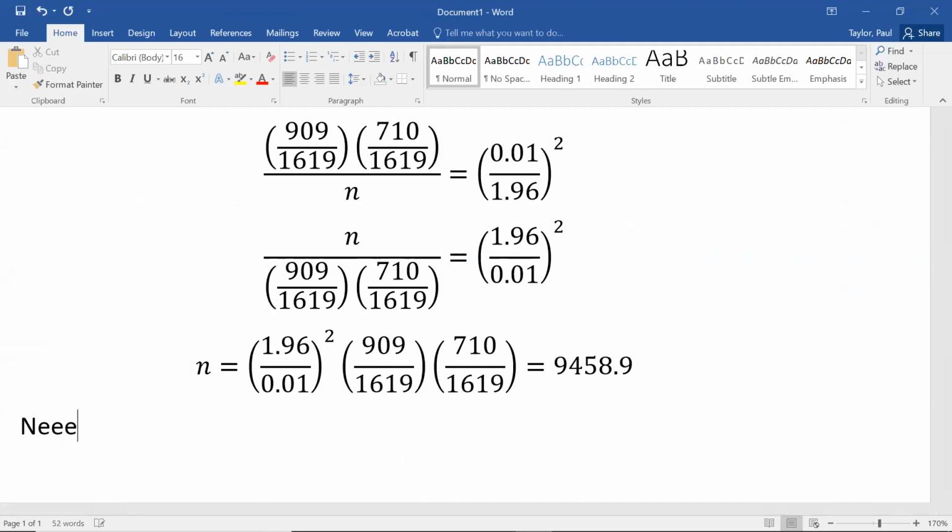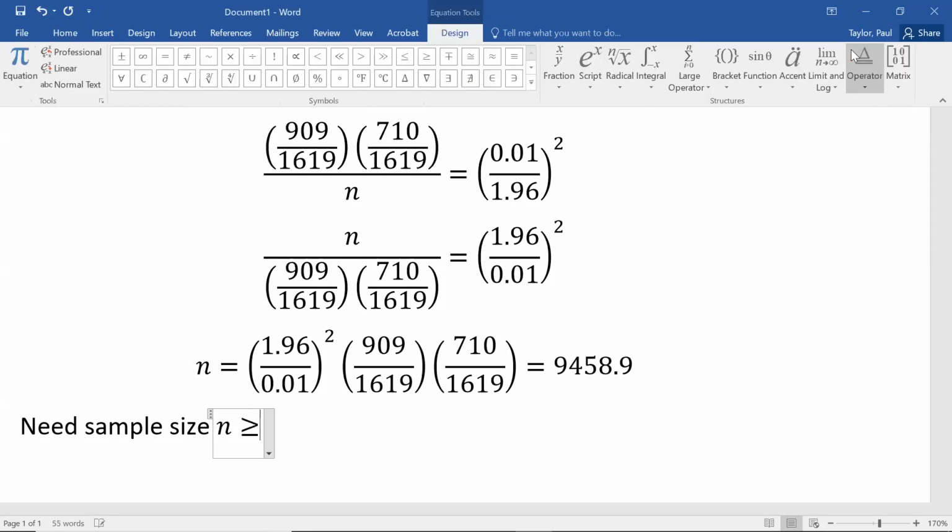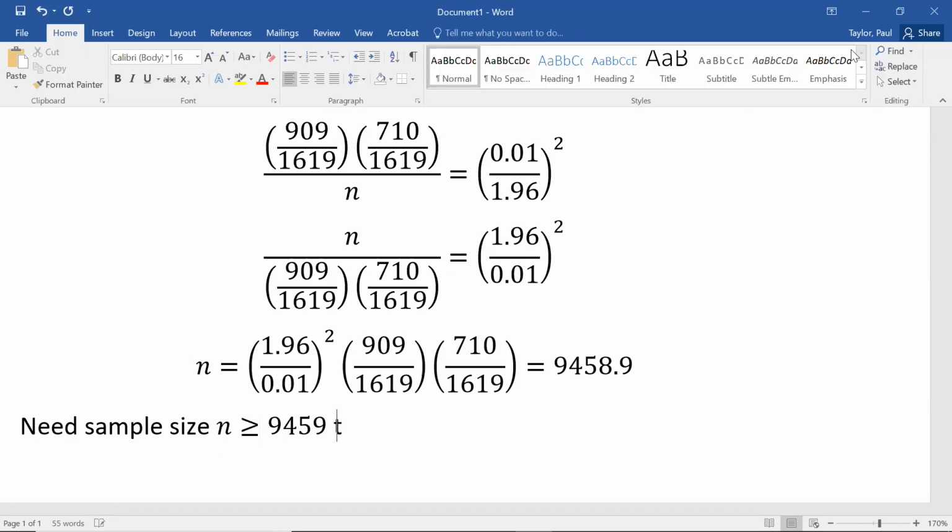We need sample size n to be greater or equal to 9459 to get accuracy within 1%.